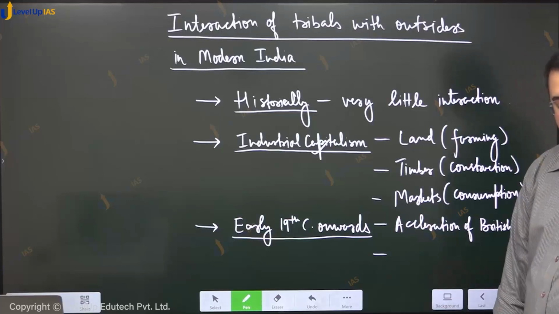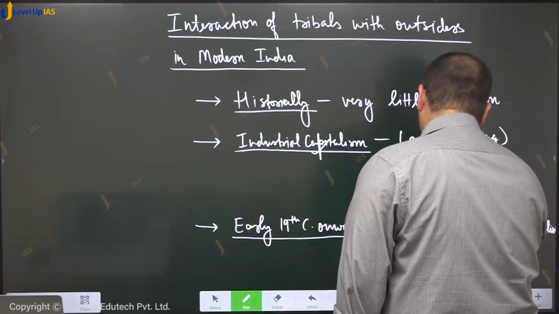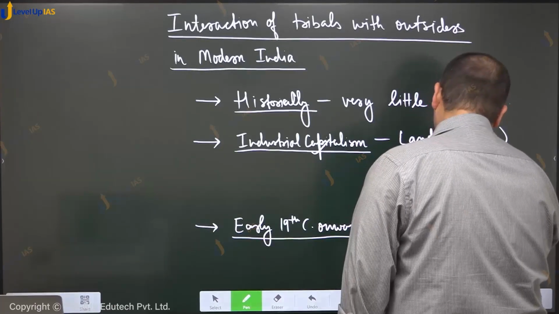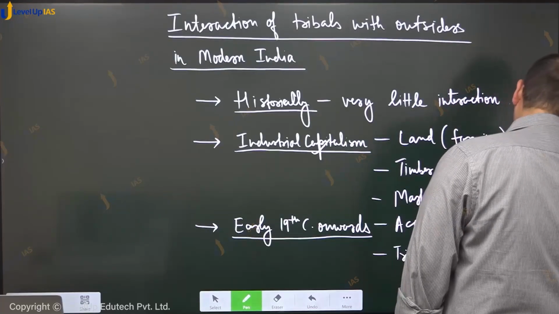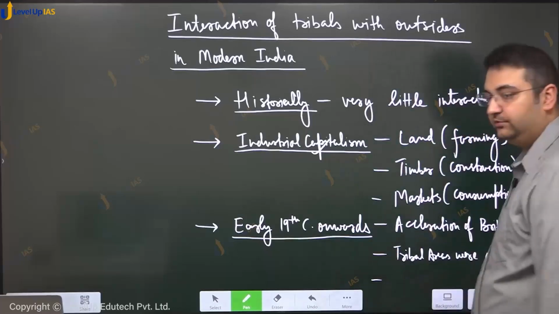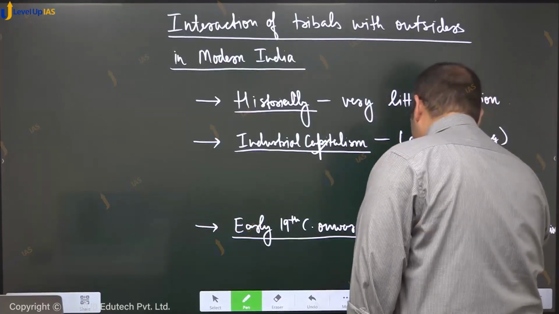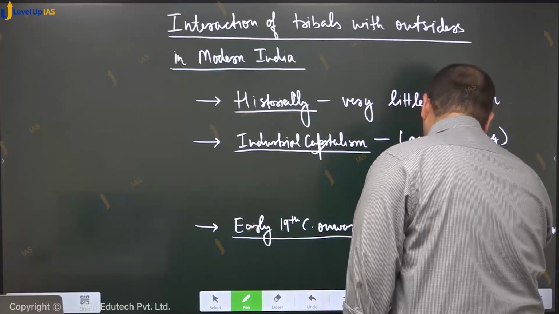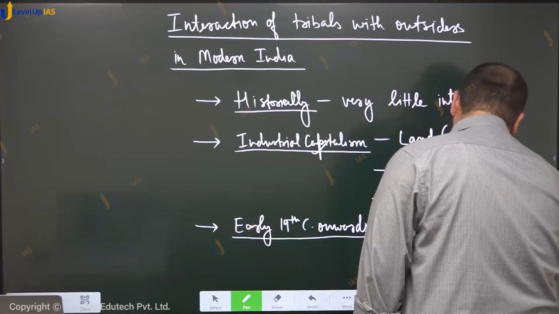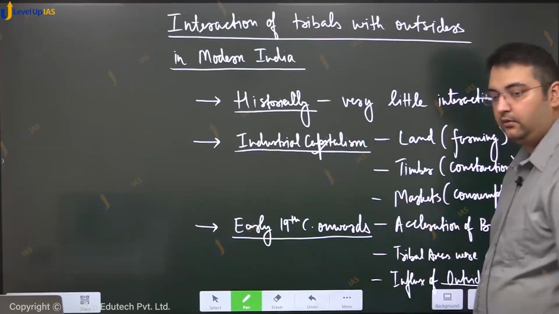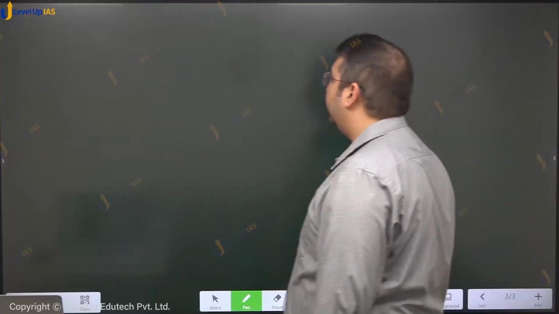Not only were large portions of tribal areas conquered by the British, but this was also accompanied by the influx of a large number of outsiders into the tribal areas. And who did these outsiders represent? कौन थे ये outsiders?